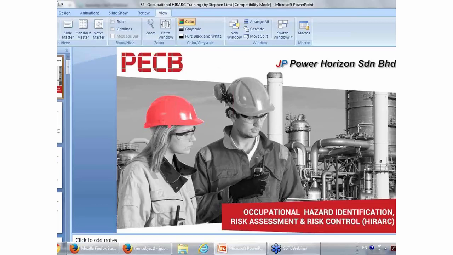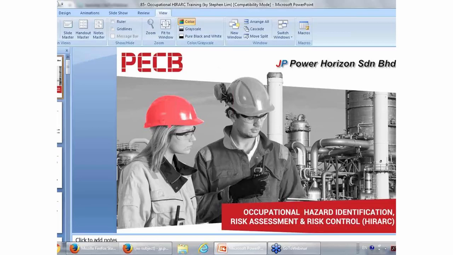If there is no such regulation in your countries, we need to review it occasionally, not only once a year. When do we need to review them? For example, when an accident has occurred, we need to review the likelihood rating and the severity rating once again.